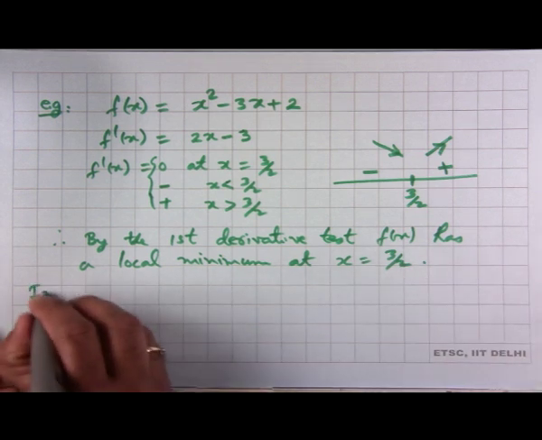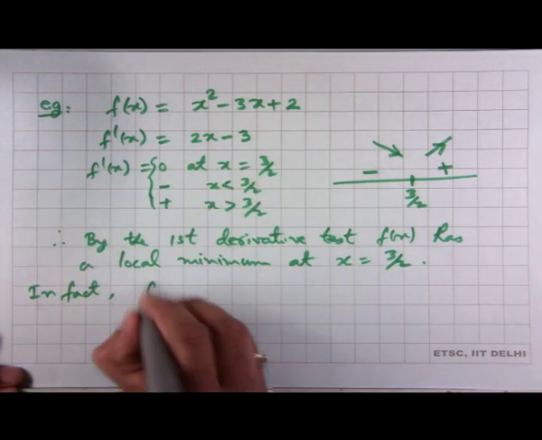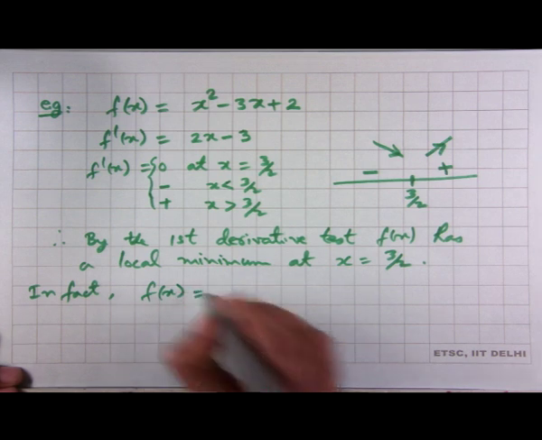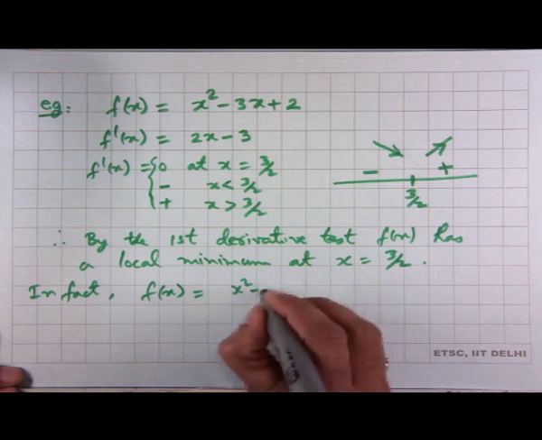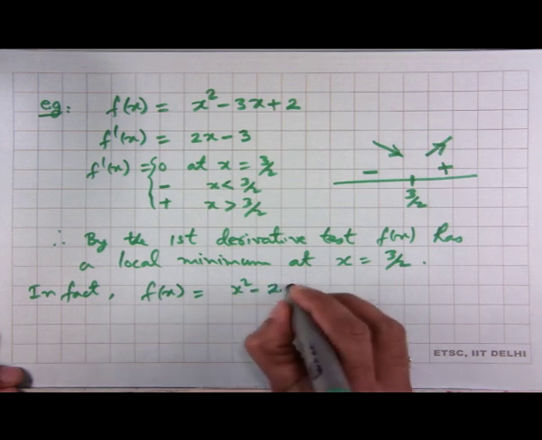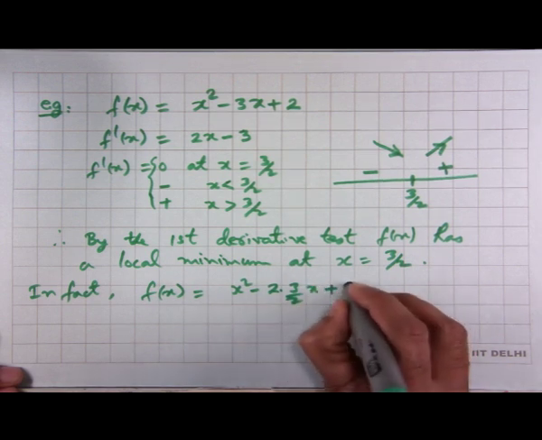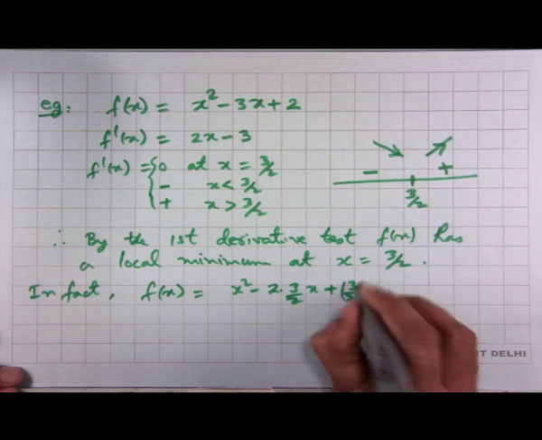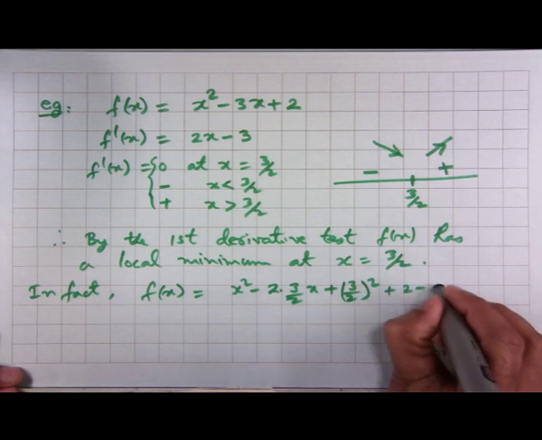In fact, here I can write f of x as x squared minus 2 times 3 by 2 x plus 3 by 2 squared, and then plus 2 minus 3 by 2 squared.